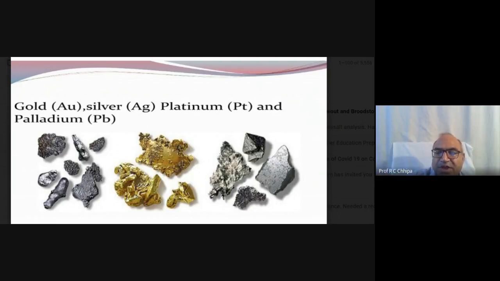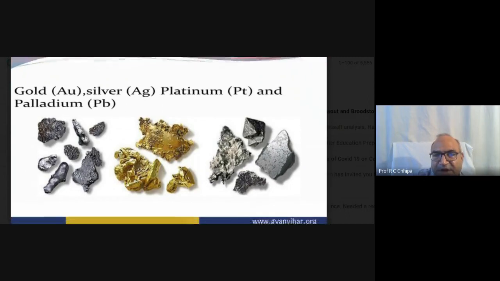On the earth, different minerals and ores are available in a complex form. Iron is present in iron oxide, that is hematite, whereas copper is present in copper carbonate. These are passive as well as noble metals.